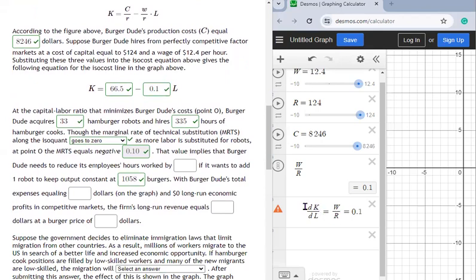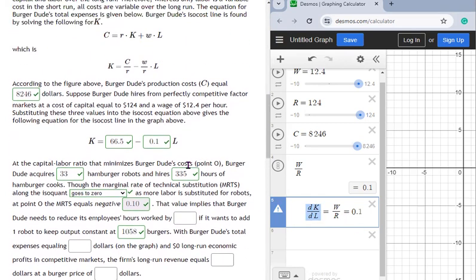So this says the change in capital over the change in labor. This is the slope of both the isocost line and the isoquant line at the optimal point. And that's only true at one point. Both those things together are true only at one point, at the optimal solution O, right?